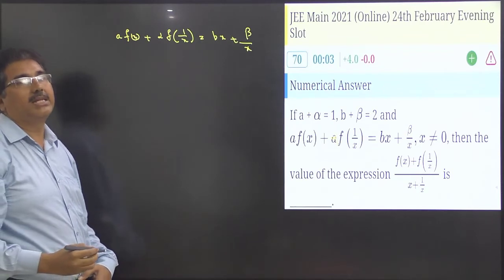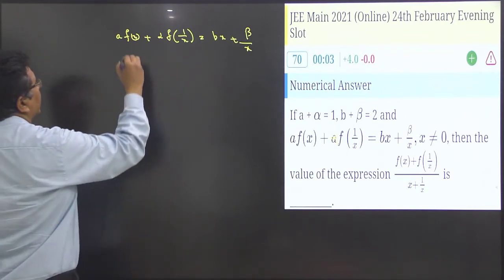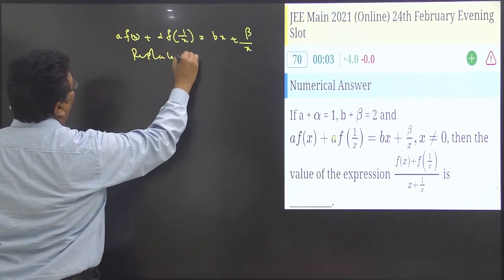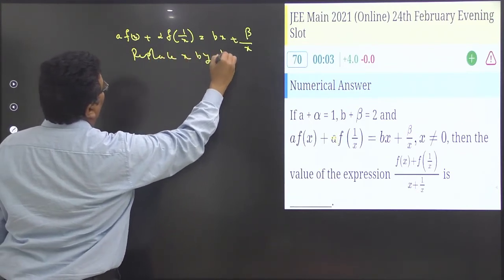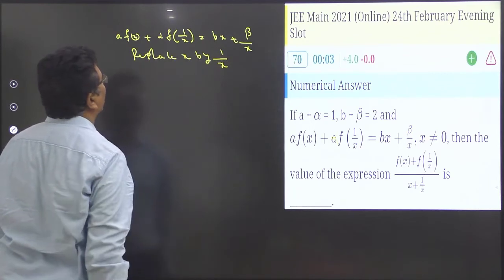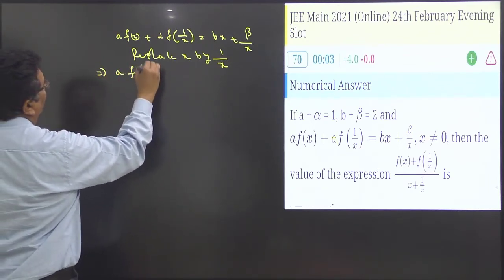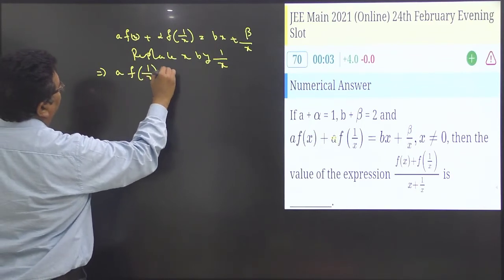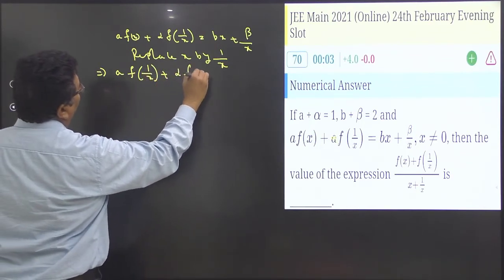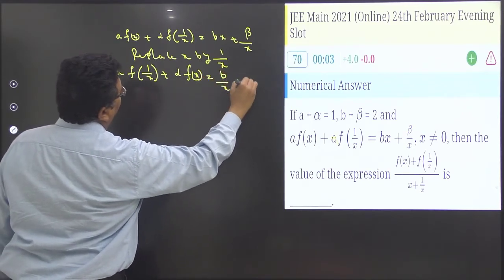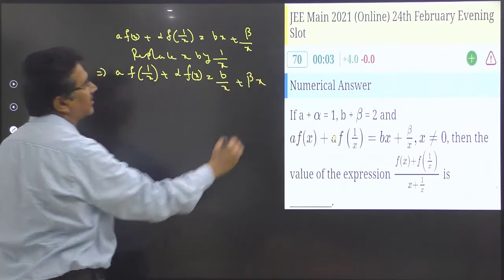Now replace x by 1/x. That implies a·f(1/x) + alpha·f(x) = b/x + beta·x.